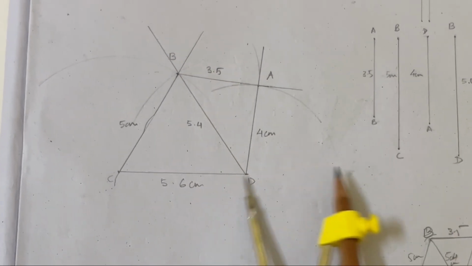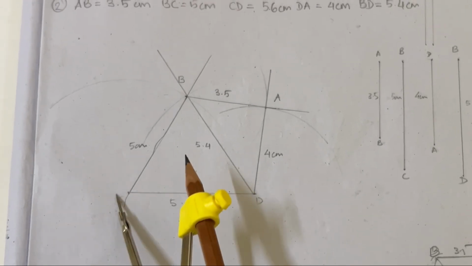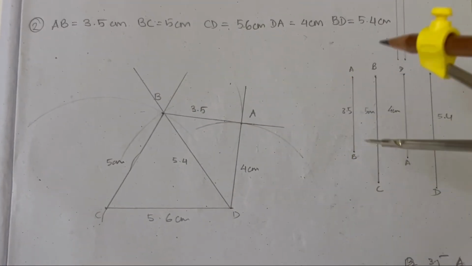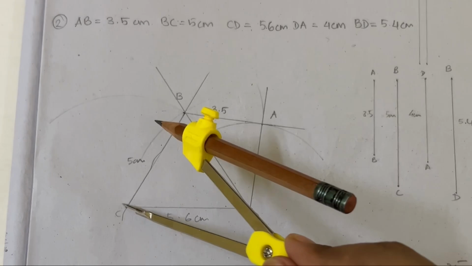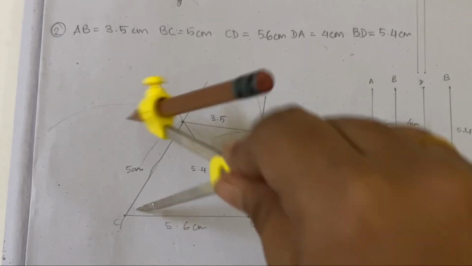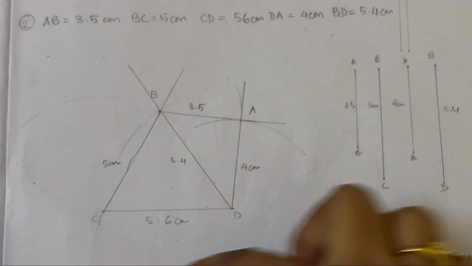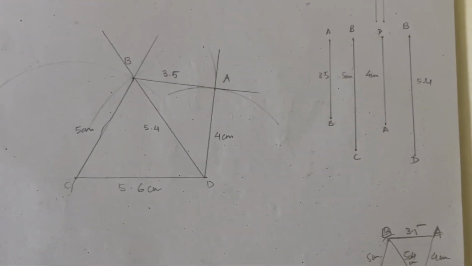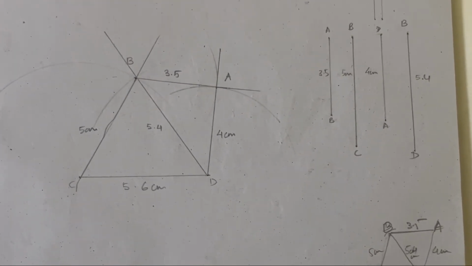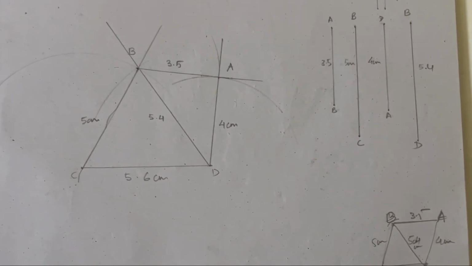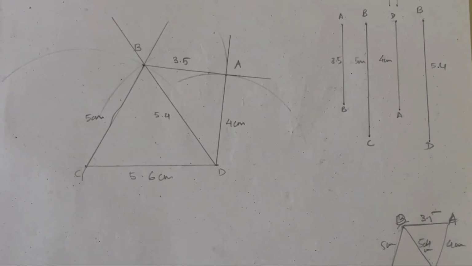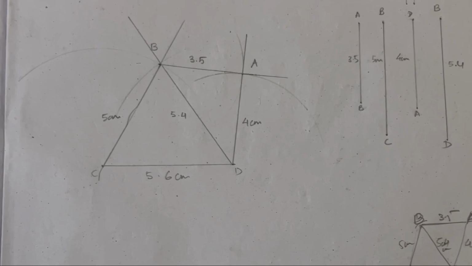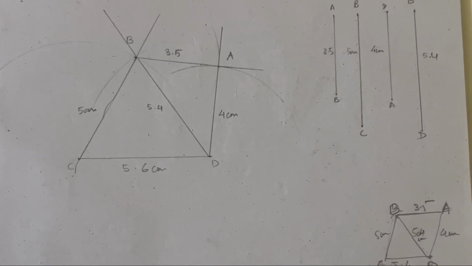First we have to draw the base, then accordingly we measure with the help of a compass, take it to the point and draw an arc. On completing it, we get the diagram as this. You can take a screenshot of it, and it is similar to the first sum. And this is the way we do the second sum.